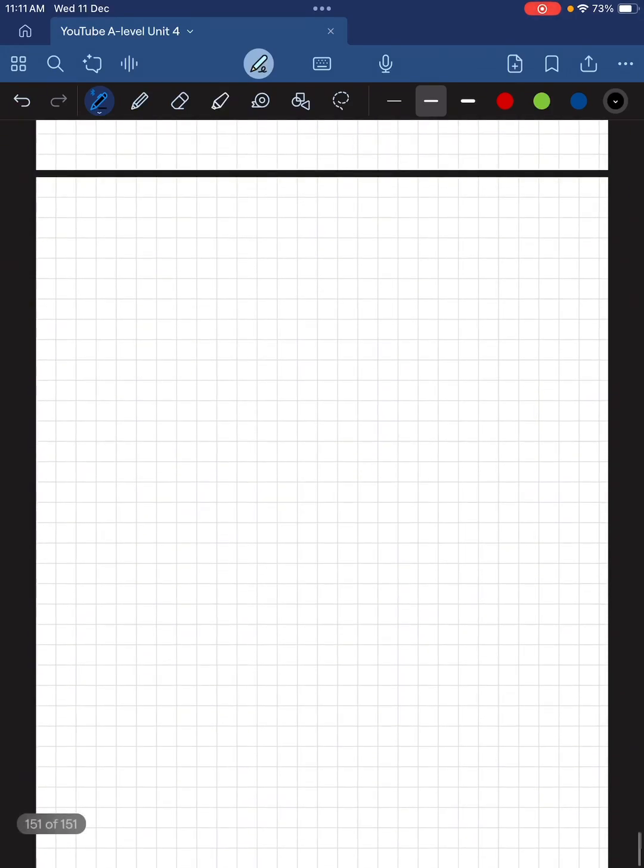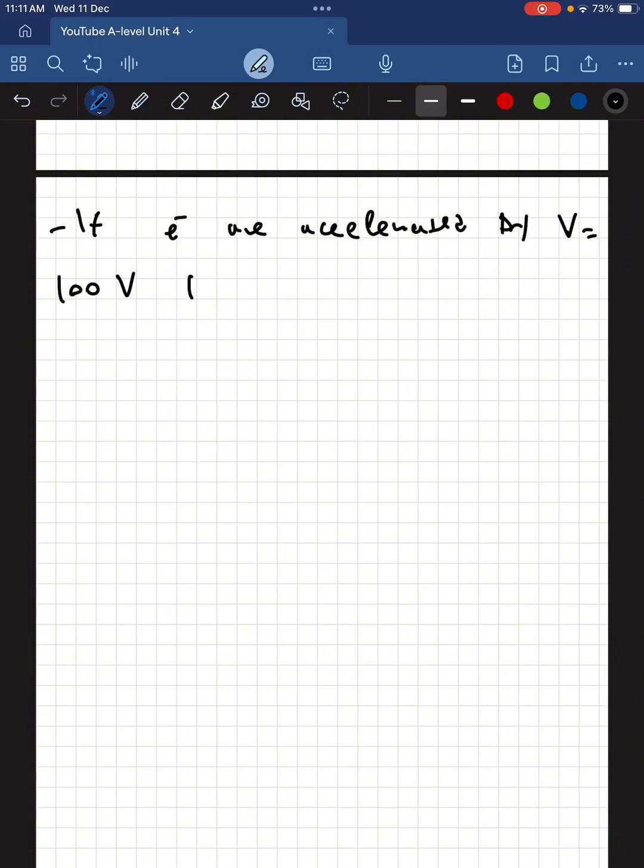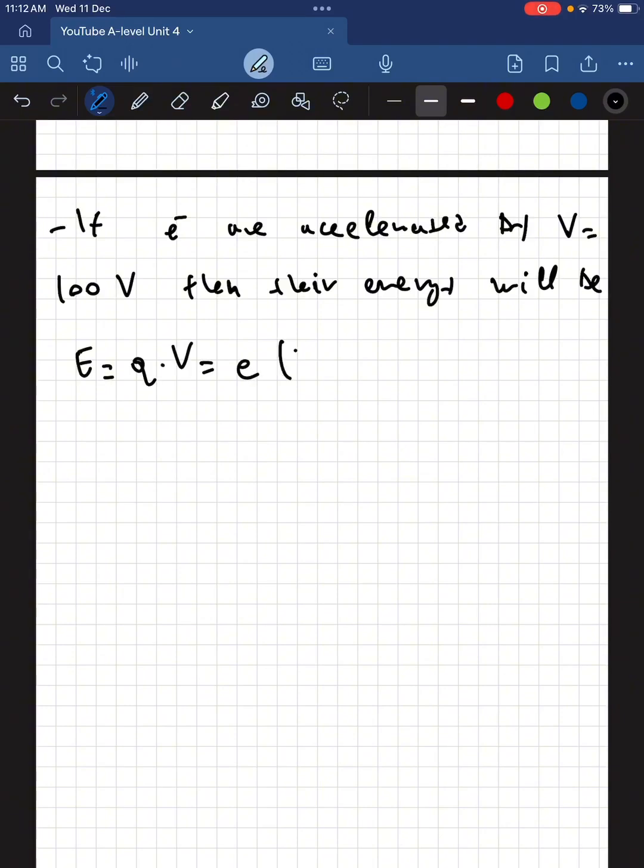Now, if electrons are accelerated by a voltage of 100 volts, then their energy will be E is equal to Q times V. The charge of the electron is e.